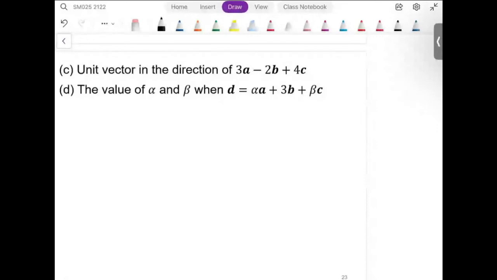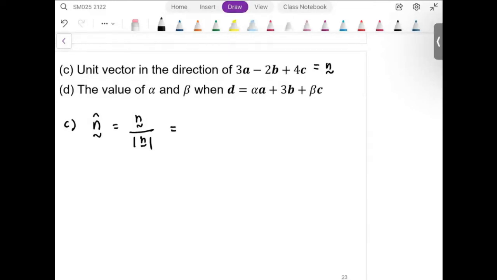Find the unit vector in the direction of 3A minus 2B plus 4C. Okay, benda yang sama tadilah. Dia nak suruh cari unit vector. Saya namakanlah ni satu benda, saya letaklah nama dia N, sebab panjang sangat nak tulis 3A minus 2B plus 4C tu. Okay, so unit vector would be, ingat, vector tu, tadi saya namakan dia sebagai N, divided by its magnitude. Vector kita dah cari kat part A. Magnitude kita dah cari dah kat part B. So, combinekan je lah jawapan tu.